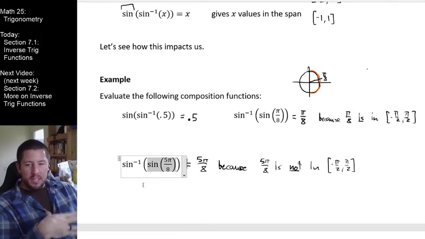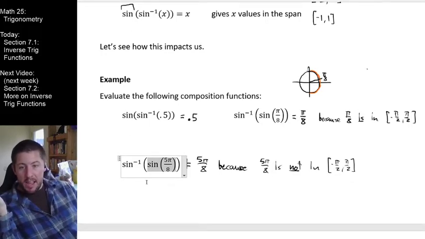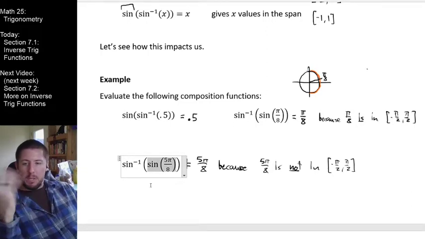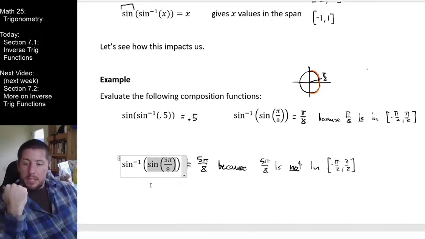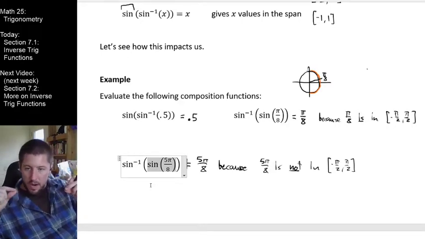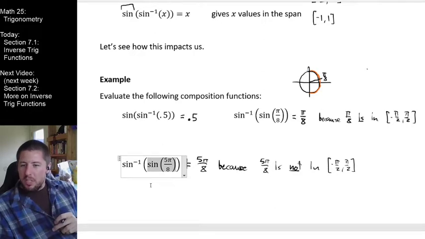We've done our pi thirds and our pi fourths and our pi sixths. We've never talked about pi eighths. So I don't know what sine of 5 pi eighths is, but I know I'll get some number between negative 1 and 1. And because there's some number between negative 1 and 1, there should be some value that I'm going to get out from sine inverse, because sine inverse takes inputs from negative 1 to 1, and sine has outputs from negative 1 to 1. So it should still work out.